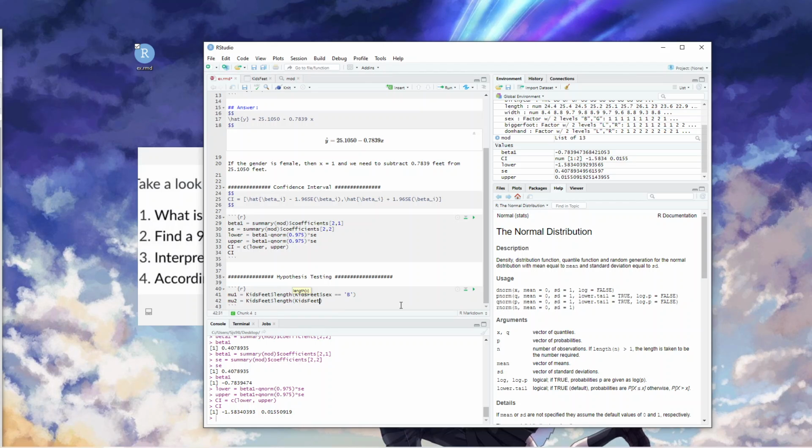And I can do the same thing here, that equals G. That's the girls' feet. So mu1 and mu2. I'll attempt to apply the function.